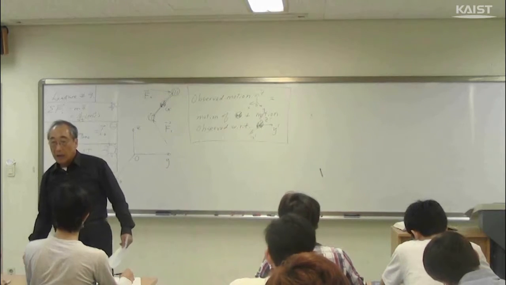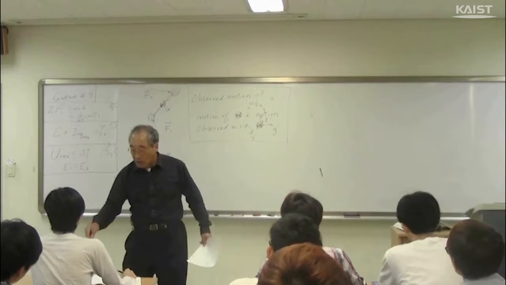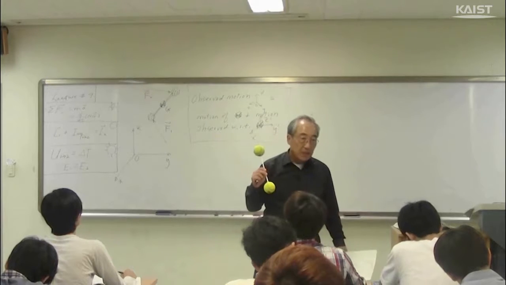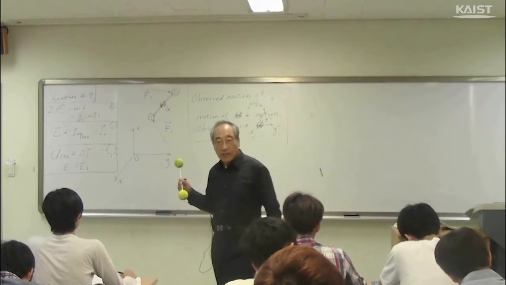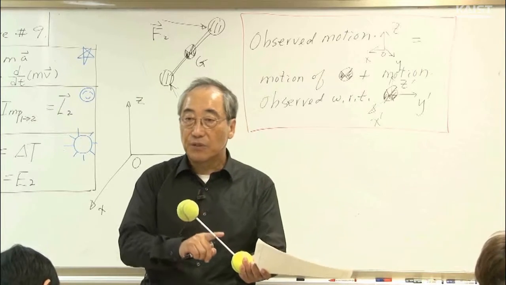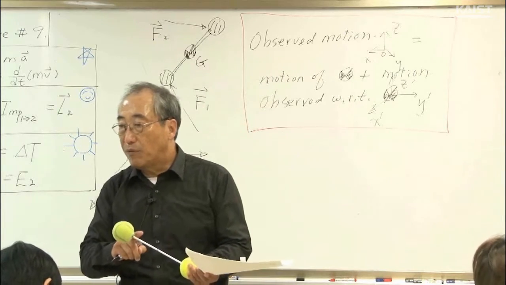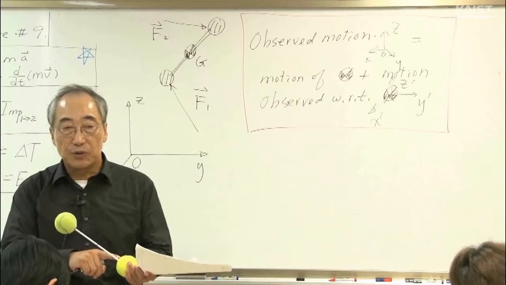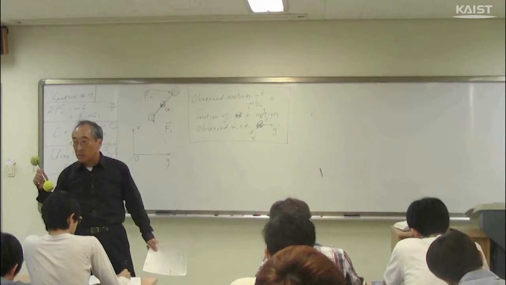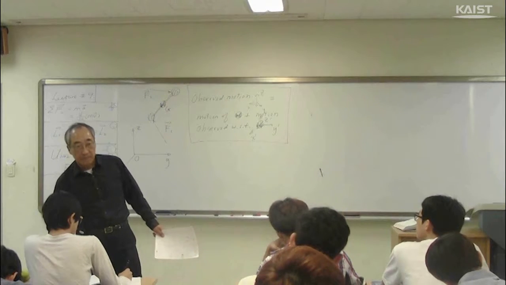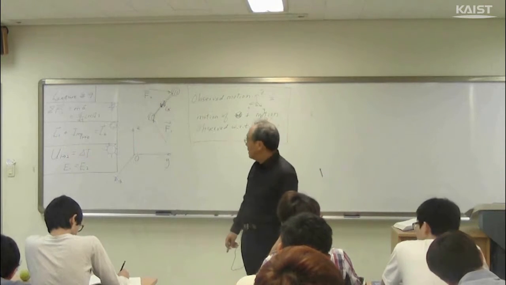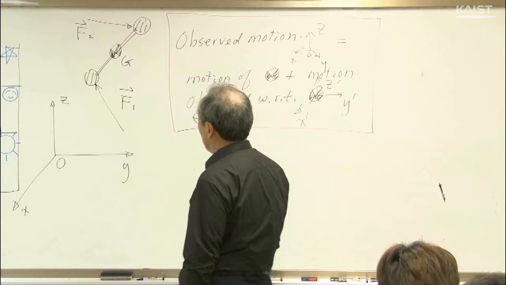Right? And I want to see how these two particles are moving due to that applied external force. The force inside is internal force. As we saw before, the effect of internal force on the motion of this system of particles is 0.